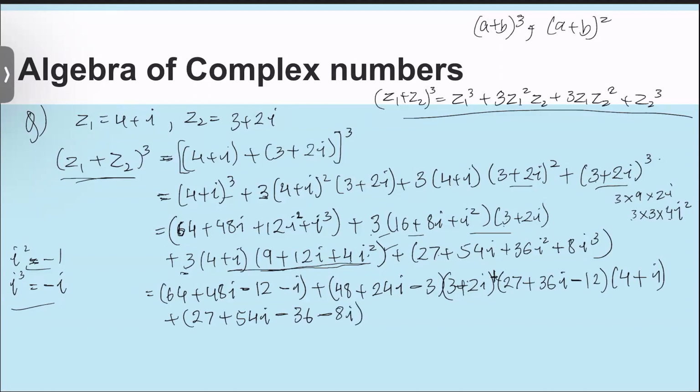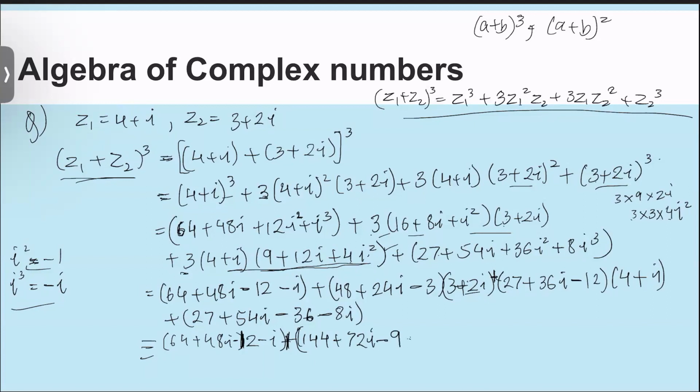Okay, so let's quickly substitute. We get 64 plus 48i minus 12 minus i plus 48 plus 24i minus, sorry, we have to multiply this. So now you multiply 3 plus 2i with the entire bracket over here. That gives you 144 plus 72i minus 9.